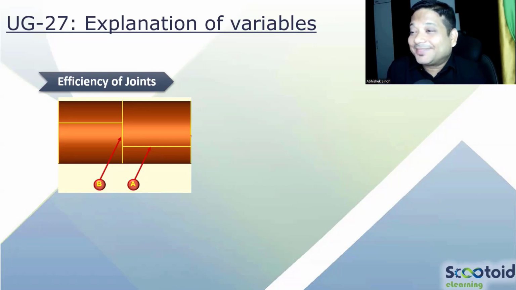Weld type is also very important, right? Weld type and the extent of radiography, both are required. The weld type or type number of the weld is in UW12. So both are required to decide the efficiency of that joint. So don't tell only radiography; joint type is also very important.